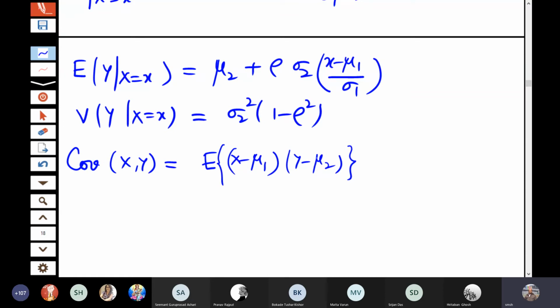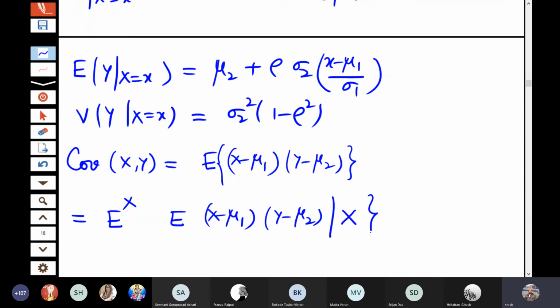Now this is a product moment and I will calculate it using the property that I just now exhibited, that I can calculate it iteratively. That means I can consider expectation of (X minus mu1) into (Y minus mu2) given X. That is with respect to the conditional distribution of Y given X.